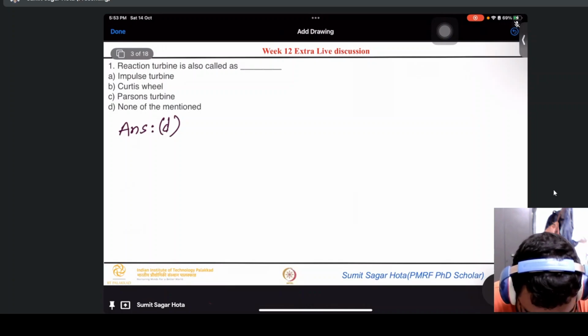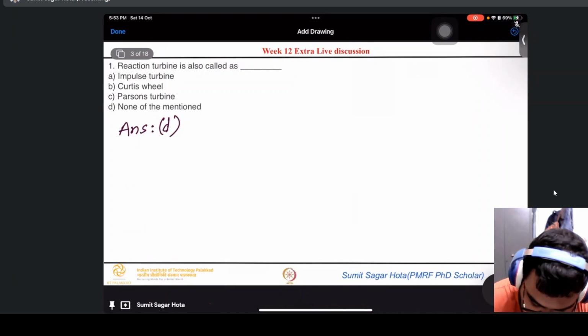So the reaction turbine is a velocity compounded turbine.